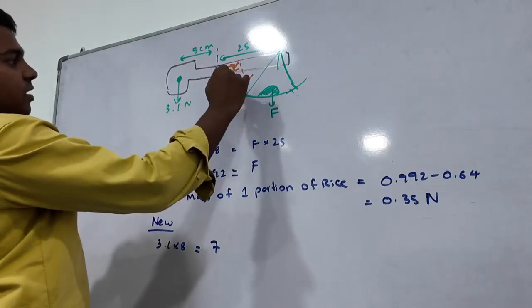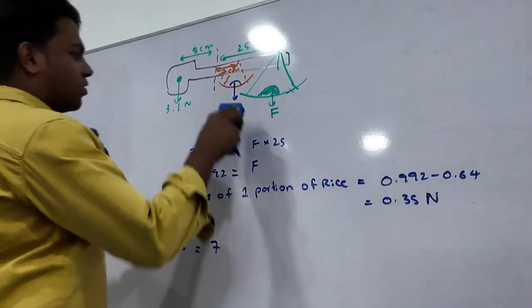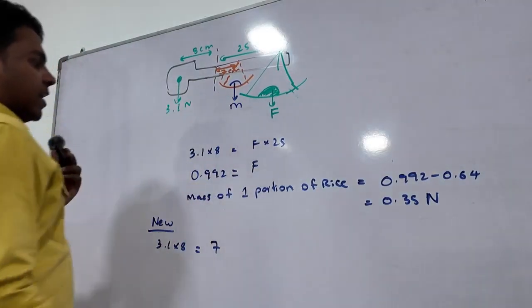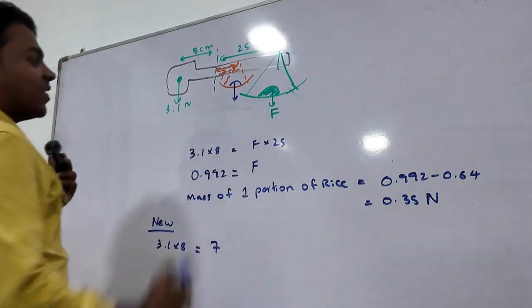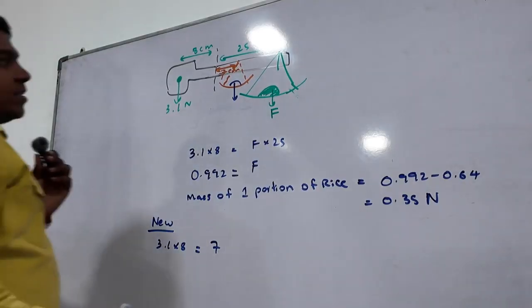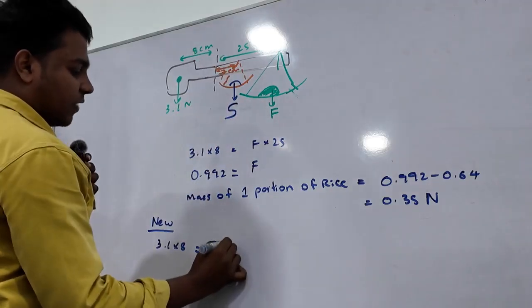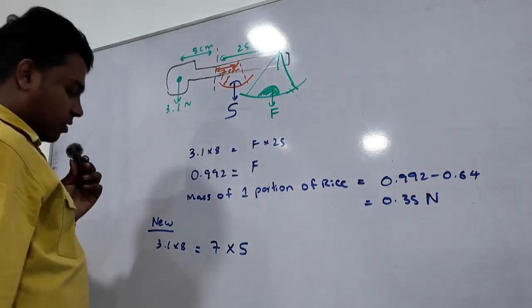Let's imagine this weight as A. A looks bad, A is not good as a force. Let's take it as M. No, M also looks bad. What can we take this as? Let's take it as S. S is better. I'm gonna take the force as S. So 7 times S. We can't take it as F again, because these two are different.